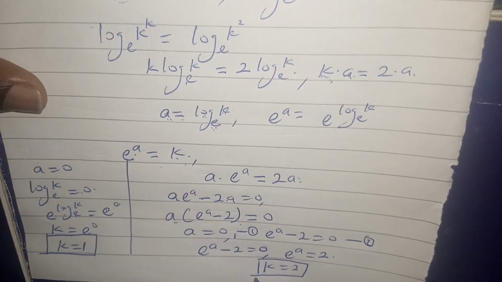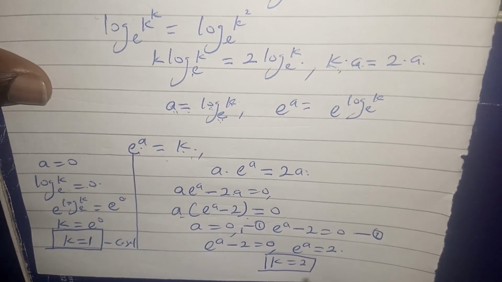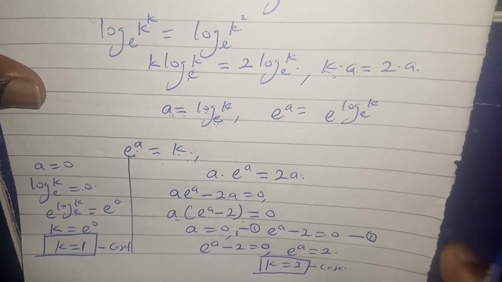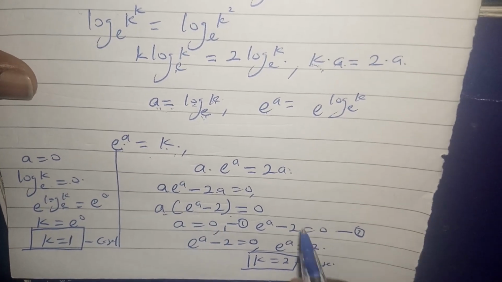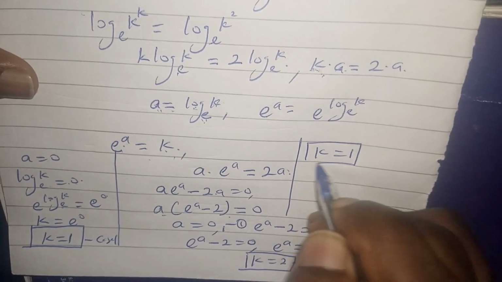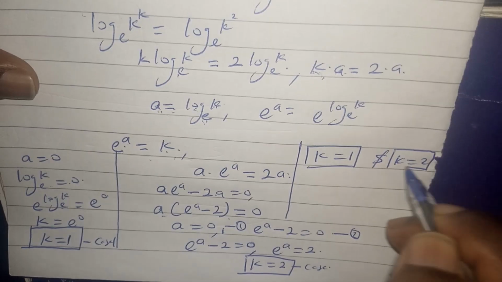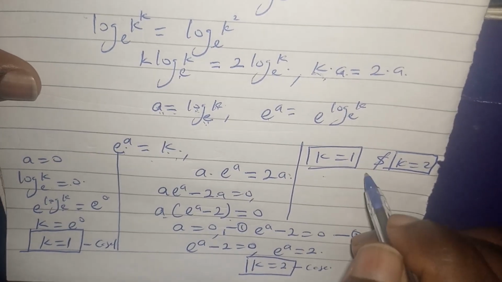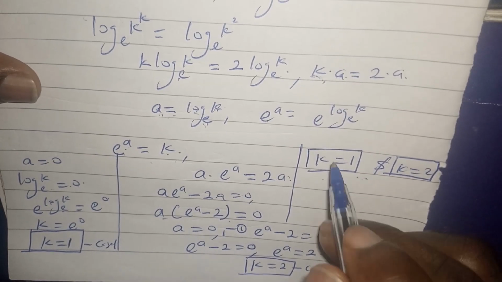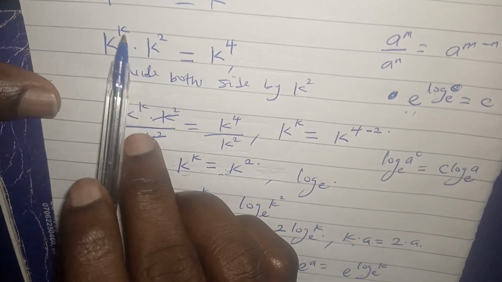So these are the possible values for k: this is case 1, this is case 2. So our k equals 1 and k equals 2. If we substitute all these values into our previous equation, whatever is here will be the same as here.